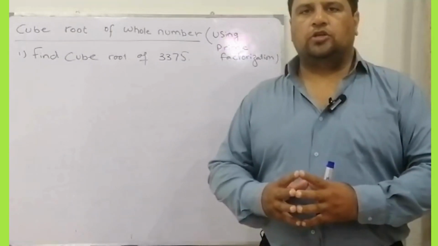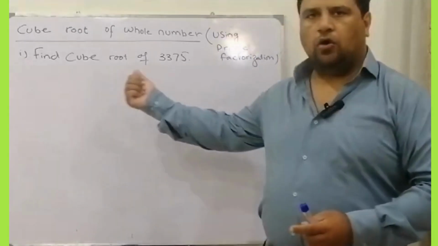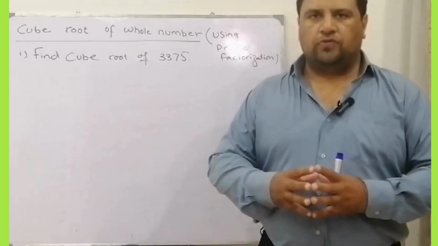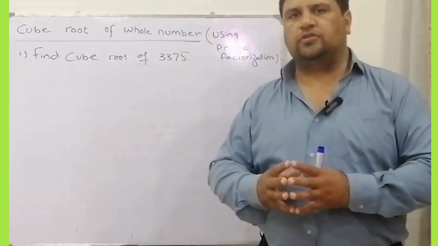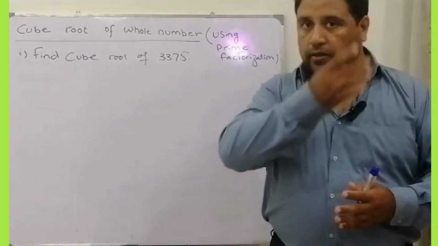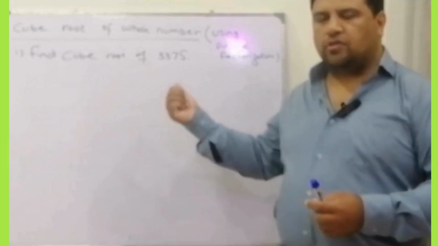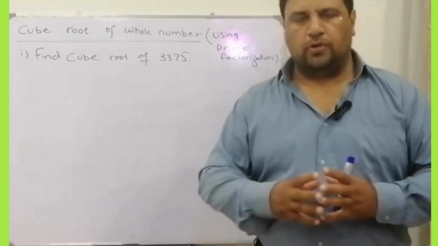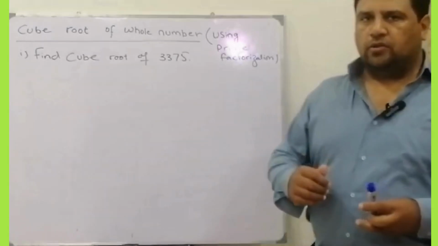We have already done the square root of a whole number. Now we will solve a sum on how to find the cube root of a number. The method is the same for all values; the only difference is that the values change. Same is the case with the cube root: when solving by prime factorization, the same method will be followed. The only difference is that in square root we make pairs of the number, and in cube root we make groups of 3 numbers.